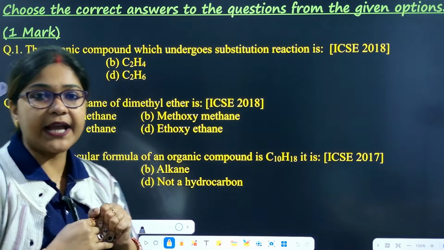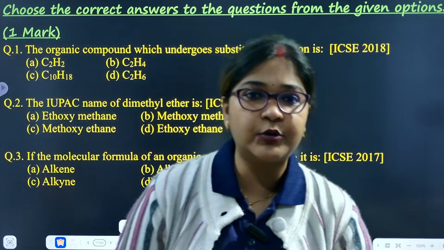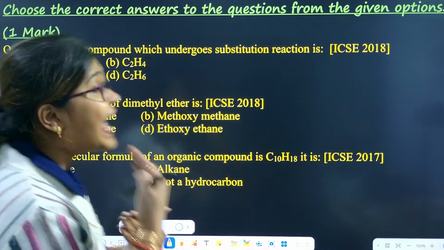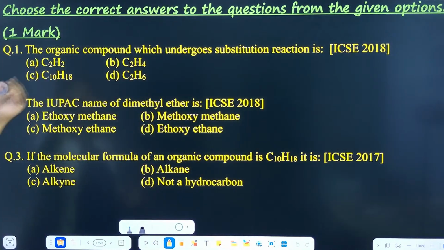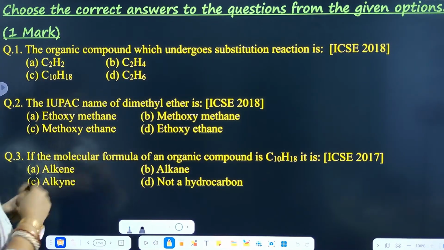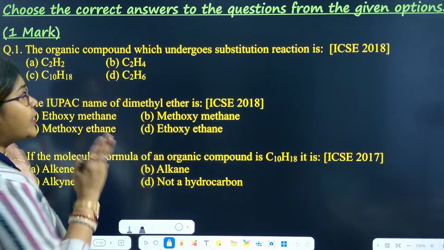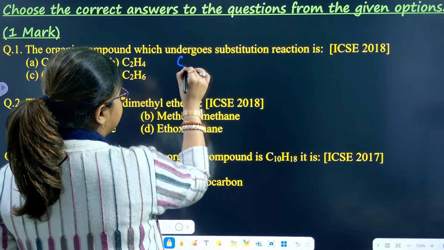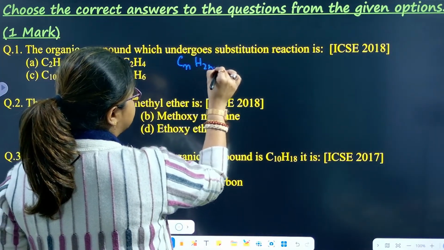So substitution reaction किस type of organic compounds में होते हैं? It is saturated hydrocarbons. That means it is what? Alkanes. So इसमें put करके देखो, C2H2 तो alkane नहीं है, C2H4 alkane है, put करते हैं. Alkane का formula we know is this.